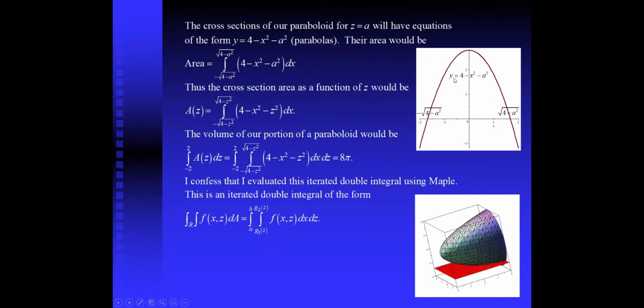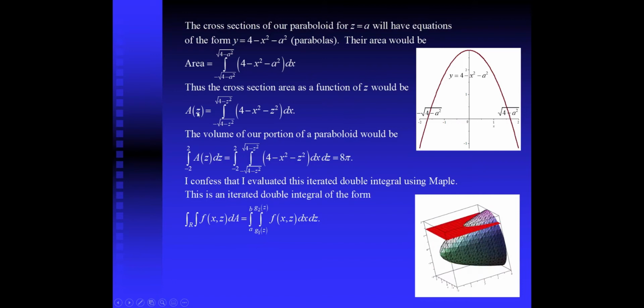Here I got whatever 4 minus x squared minus a squared, so the y value up here is going to be not 4 in this picture, but 4 minus a squared. Anyway, the area of this portion of a parabola would be the integral from this value of x to that one of y equals 4 minus x squared minus a squared. That would be the area of one of these cross sections.